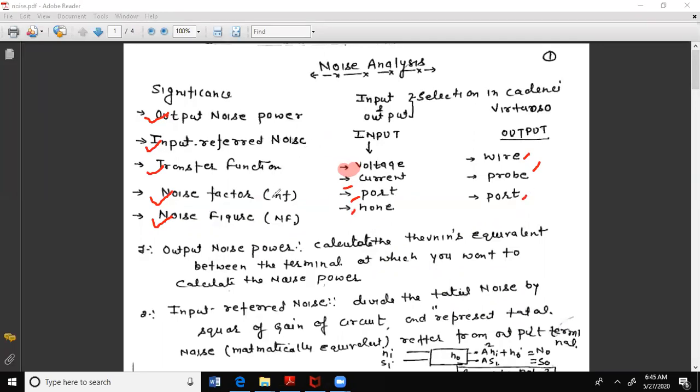Okay, so now first we discuss one by one these terms related to the noise. So first term is output power noise.